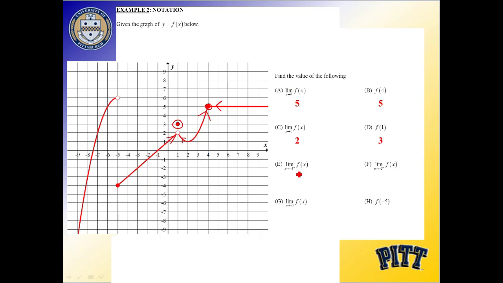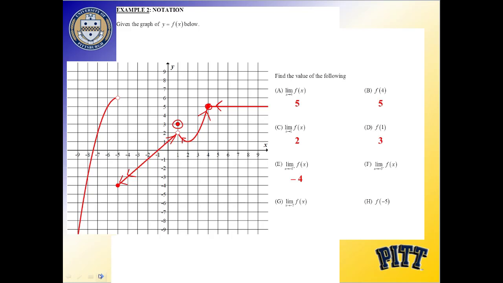That notation means I'm approaching x being -5 from the right hand side. When I look at it, it means I'm approaching from this direction here. And as I draw closer and closer to -5, following f of x, the y value approaches -4, which is why that answer is -4.